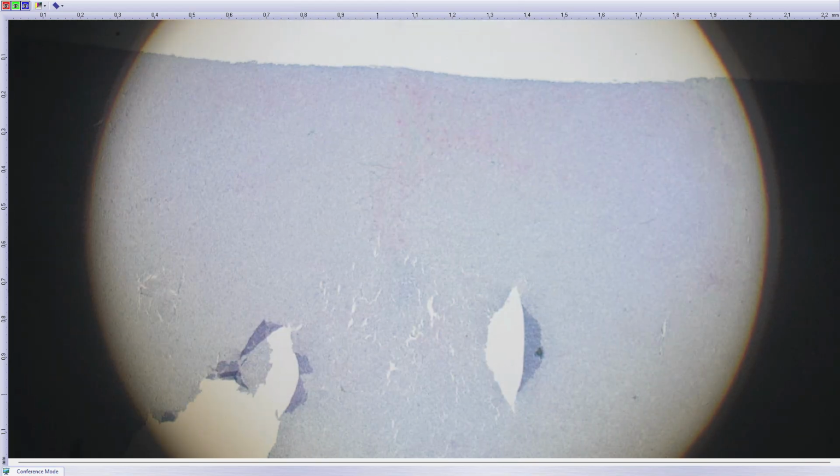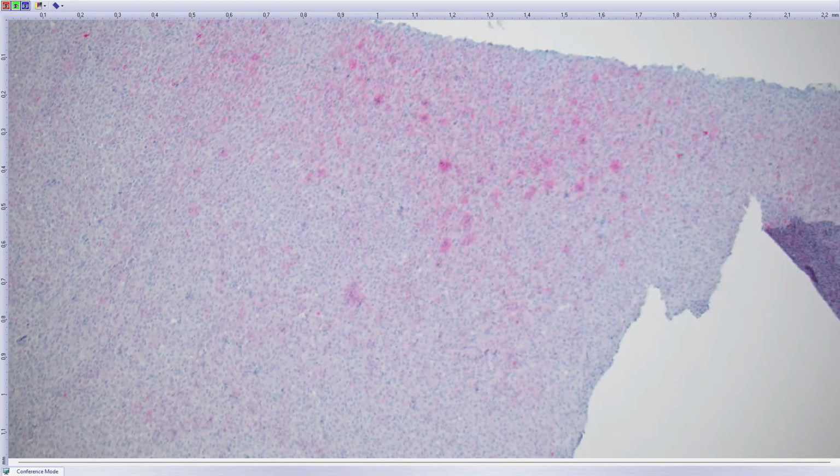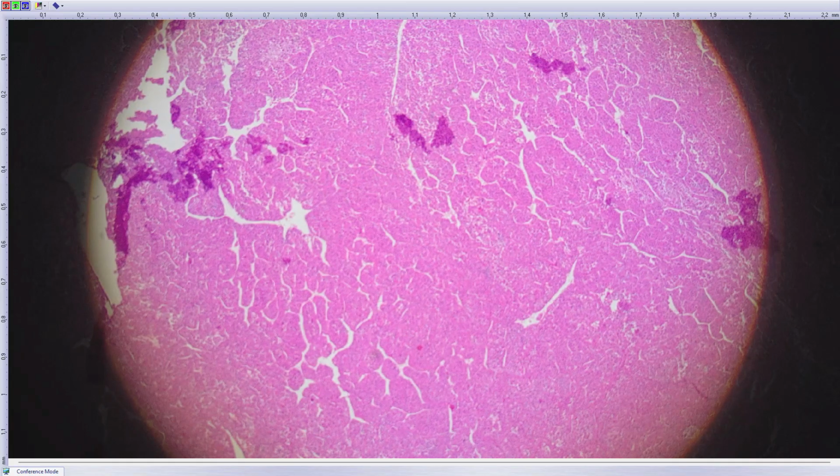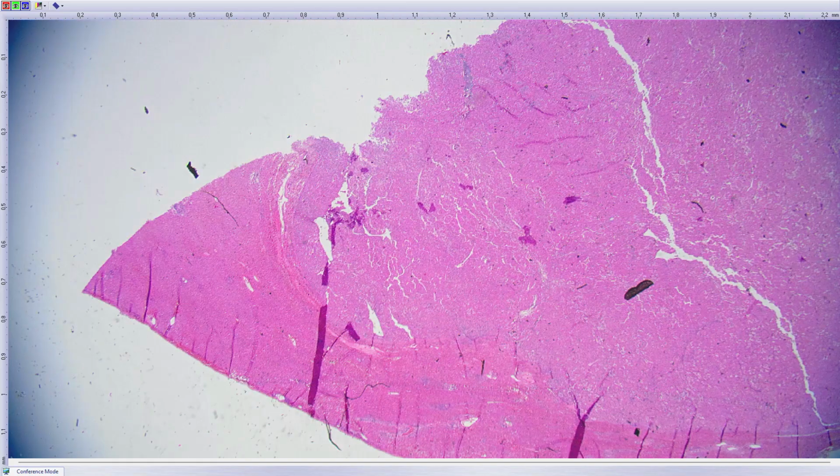SDHB staining was done, but was retained. So here's some DOG1 staining. And recently, the lady came back to a hospital in Prague with metastases in the liver. This is the liver metastasis.